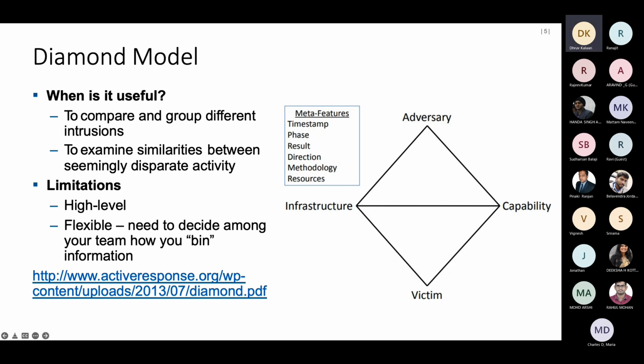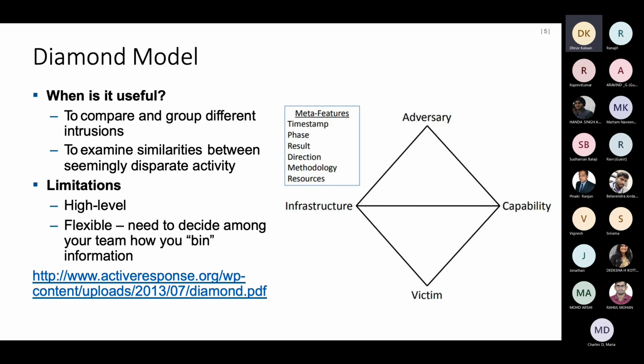The diamond model was, or is still, used across industries where we have very basic requirements for cyber threat intelligence. If you as an organization are looking at just four questions to ask in terms of who the adversary is, what their capabilities are, what kind of infrastructure they have, and who is the victim, where the adversary is your attacker or an attack group, right?